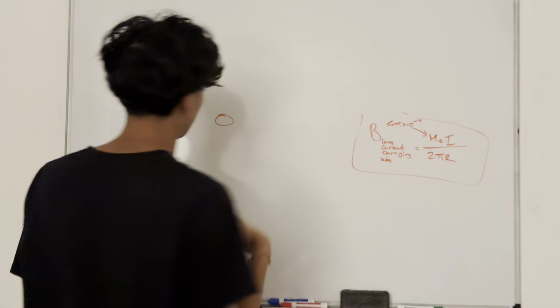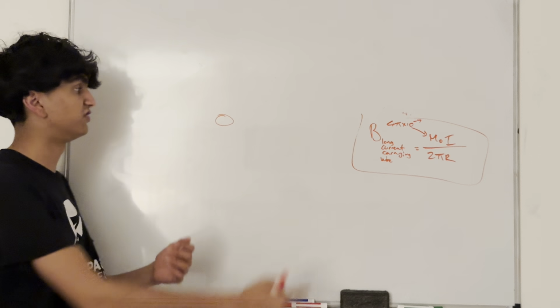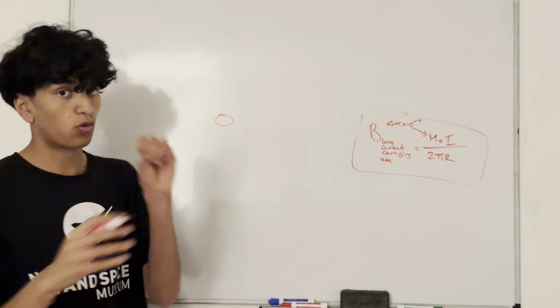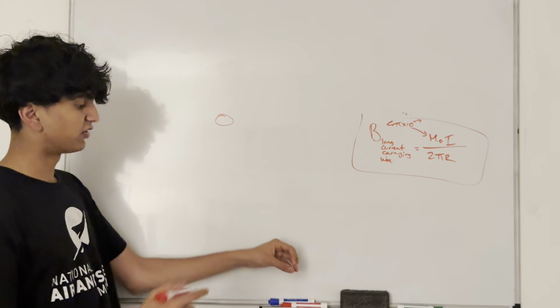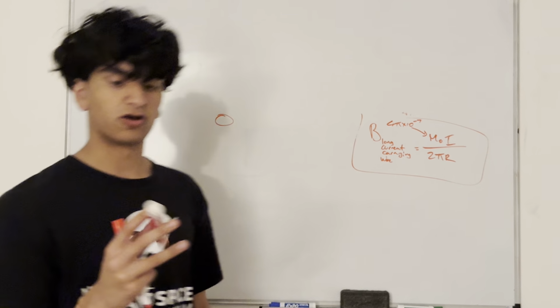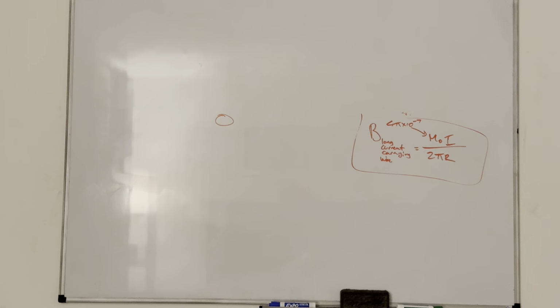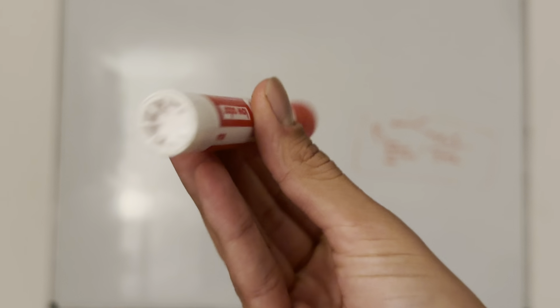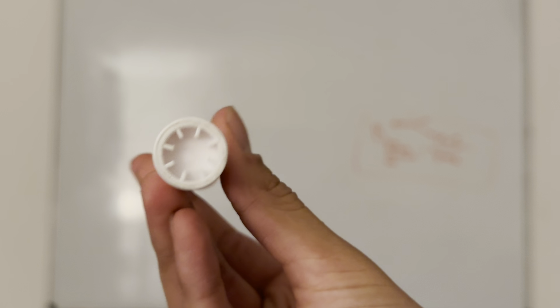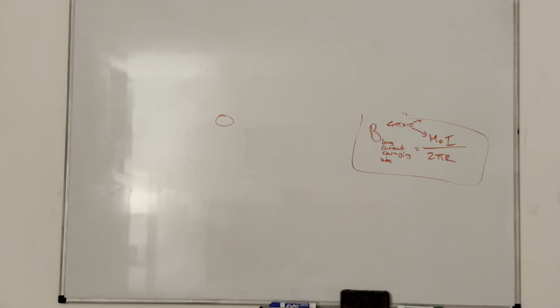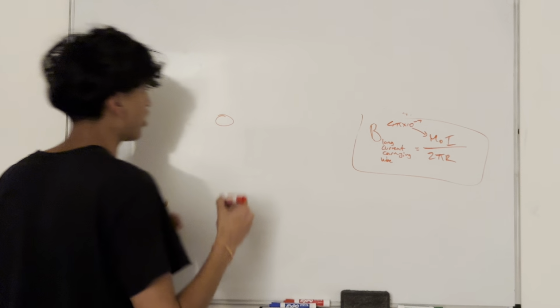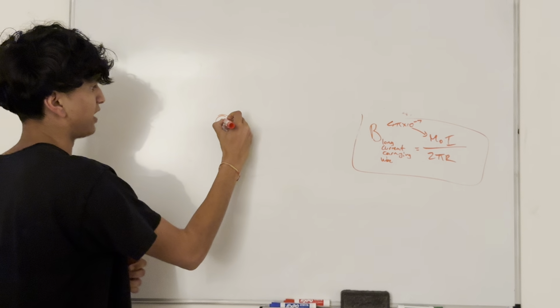Usually a test would show this as a circle for the wire, like you're looking at a wire going out of the page. And then I'll draw a dot to say the current is out of the page.